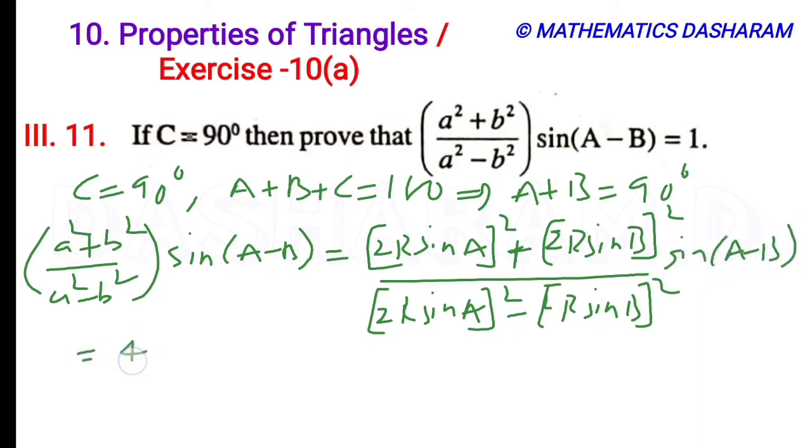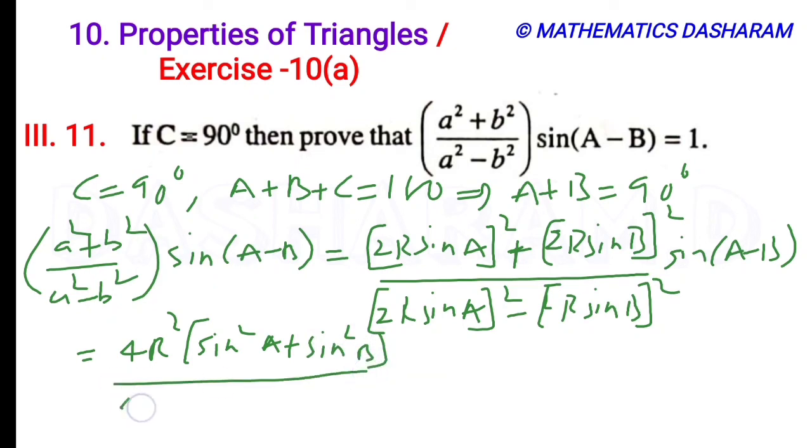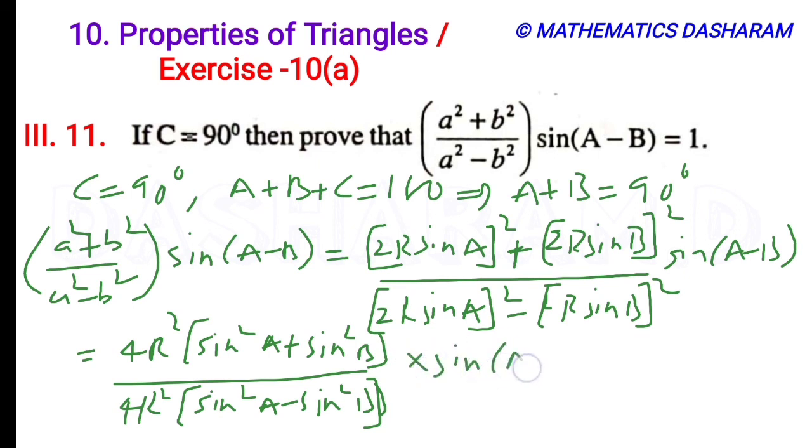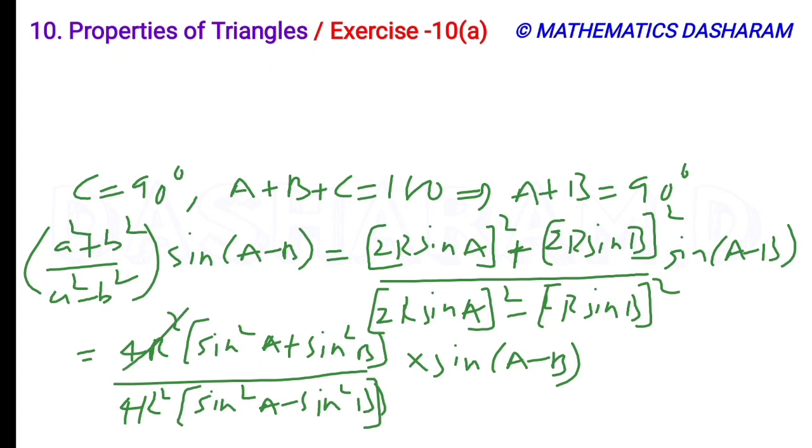From the numerator we can take 4R² common, and from the denominator 4R² common. So 4R² cancel.